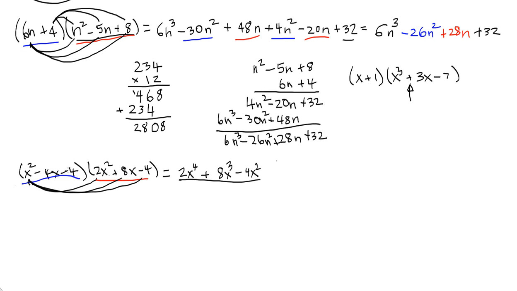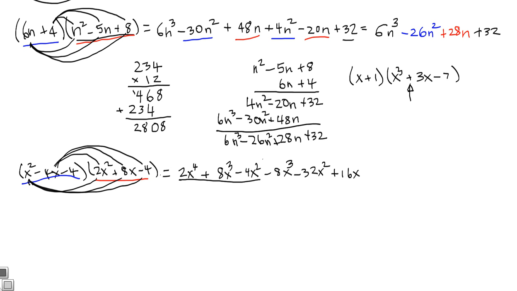Now we want to do the second term. So we've got minus 4x times 2x squared is negative 8x cubed. Negative 4x times 8x is negative 32x squared. And negative 4x times negative 4 is negative, no it's not, it's positive 16x. And then our last one.